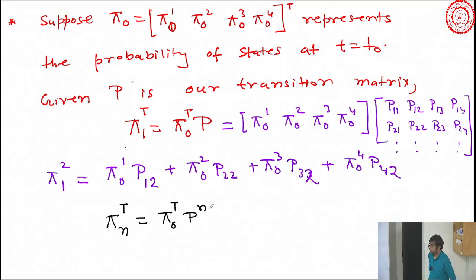Okay. So if this is clear, here is the catch, right? If we can design a P or find a P for which pi n minus 1 is equal to pi n, that means the distribution is exactly the same, not even the same family or something, exactly the same.